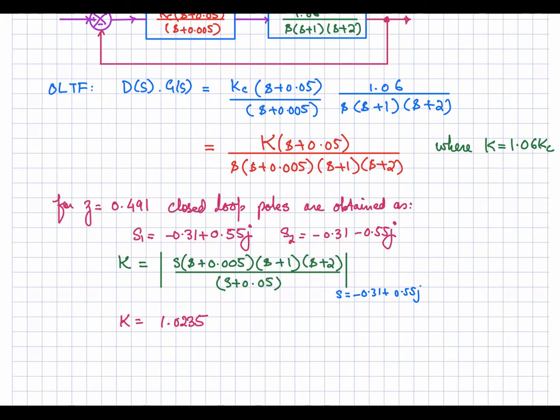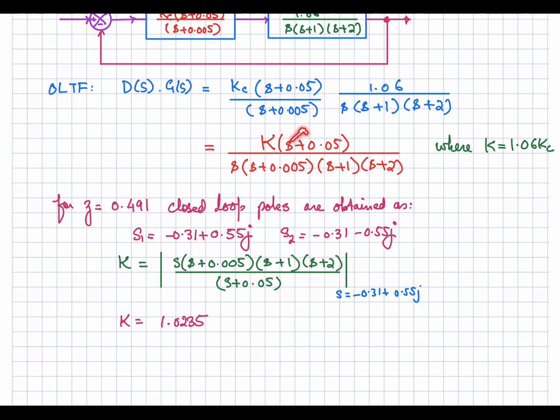Now to find the gain K at these closed loop poles, we can use the magnitude condition: we set this open loop transfer function D(s) into G(s) equal to 1, and then take s from the desired closed loop position.